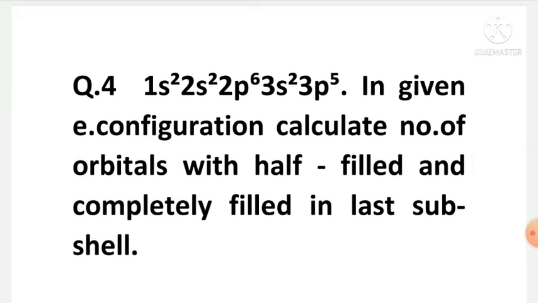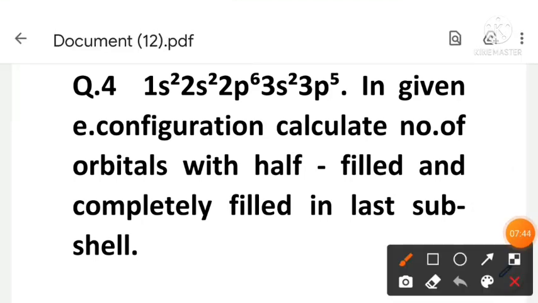1s2, 2s2, 2p6, 3s2, 3p5. In the given electronic configuration, we have to calculate the number of orbitals that are half filled and completely filled in the last subshell. So first we have to derive the last subshell.